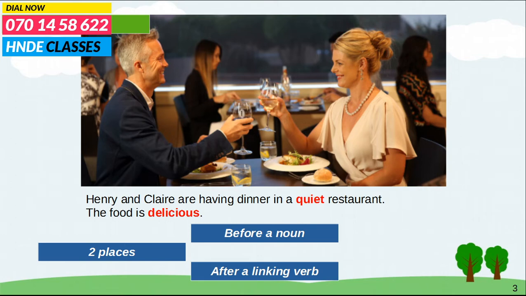First of all, the food is delicious. Here is is a linking verb. All the 8 verb forms of the verb be, that is, be, am, is, are, was, were, been, and being, are linking verbs.